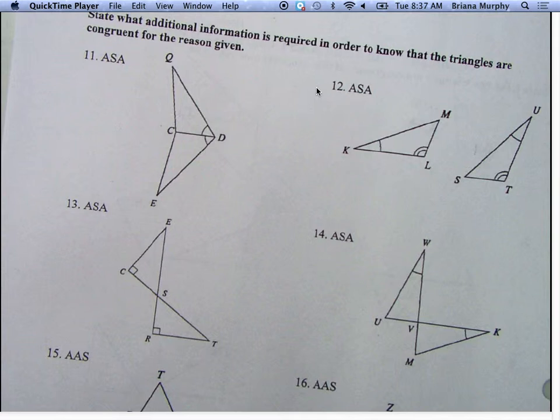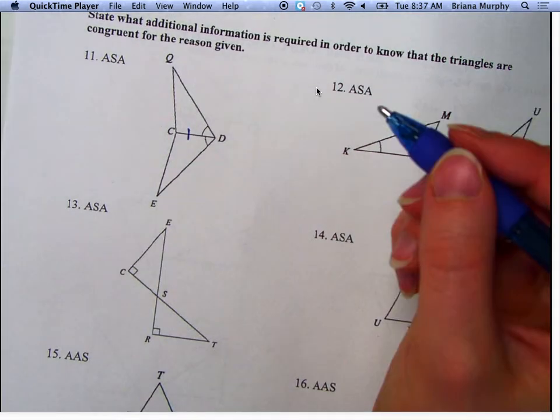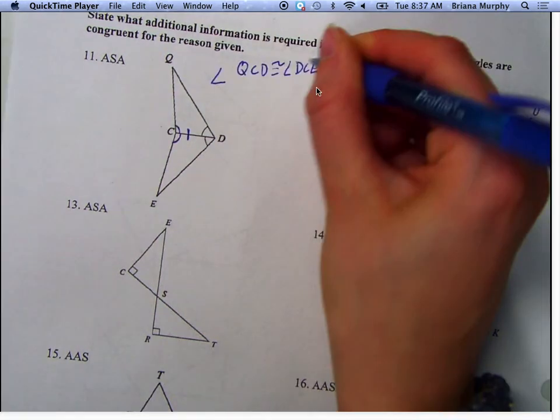You see that CD is congruent to CD because of reflection. So we would just need another angle. I would say we need angle QCD is congruent to angle DCE. And you just have to list them in threes.